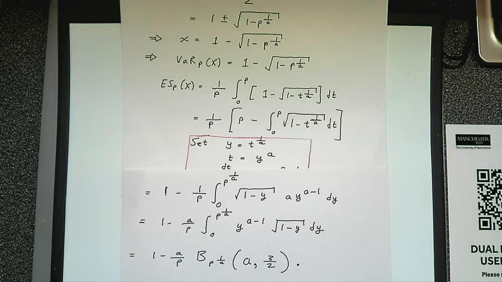It gives the formula for VaR and expected shortfall for nearly over 100 distributions. So you should go through this link. It's about 12 pages long. For each distribution, it gives the formula for VaR and ES.